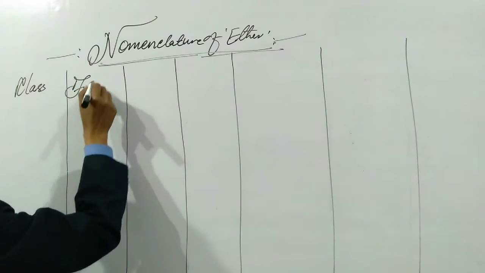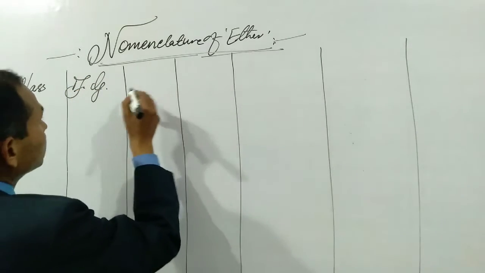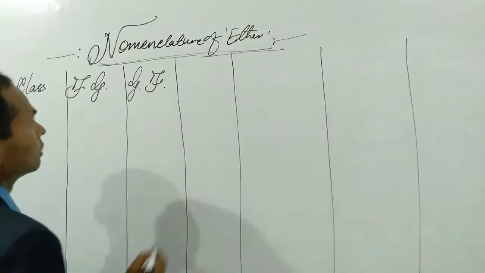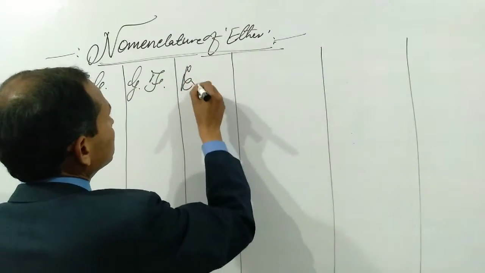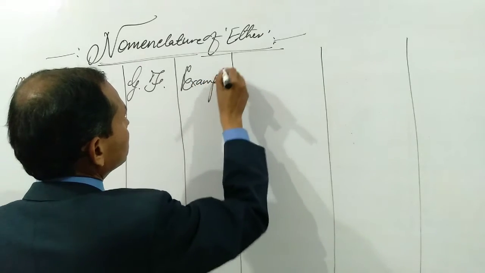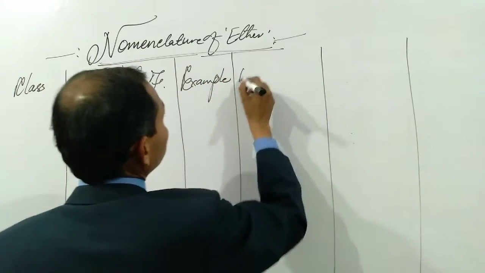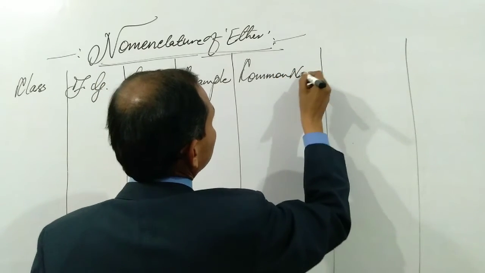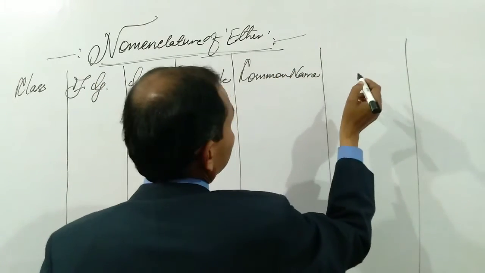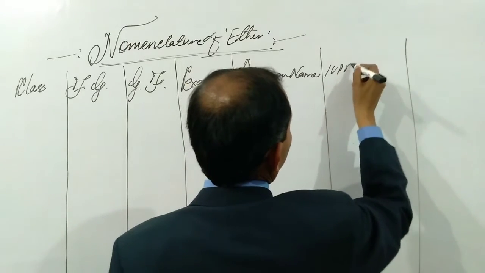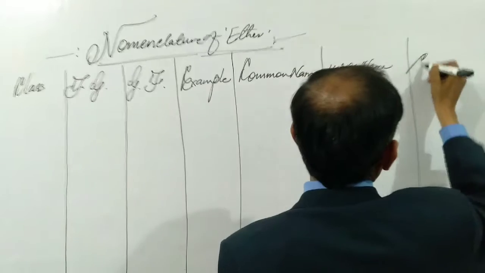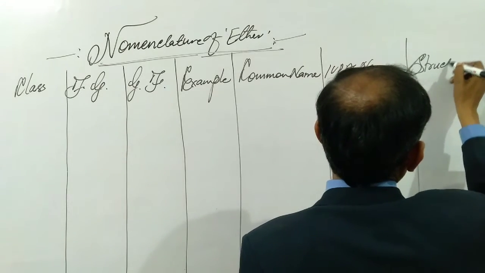This is for functional group and this is for general formula. This is for example, this is for common name and this column is for IUPAC name. This is structure.